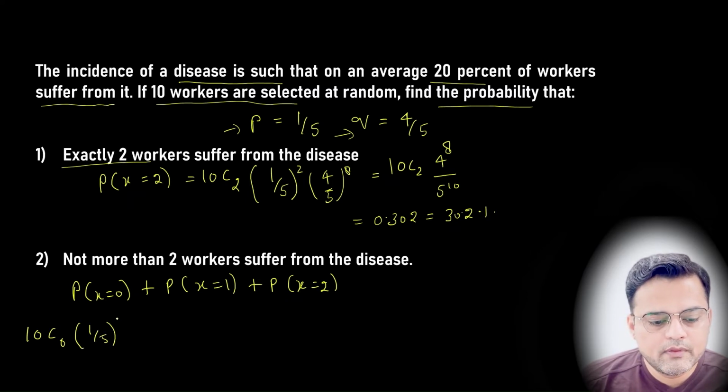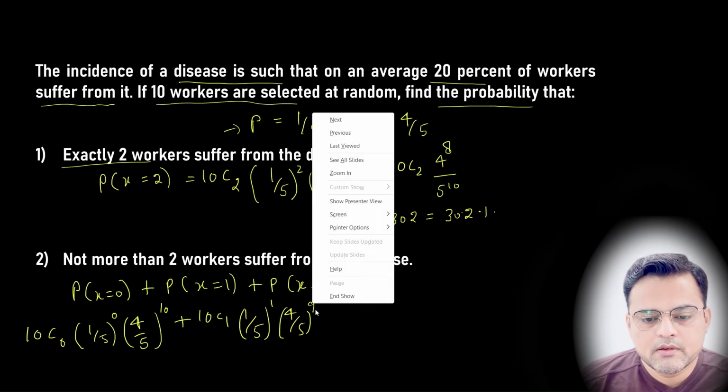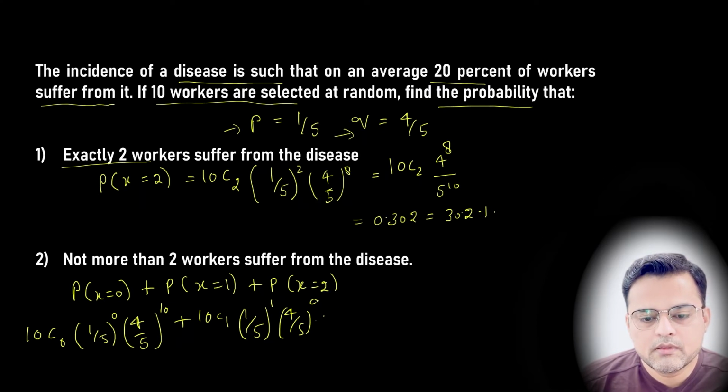10C0, 1 by 5 to the power 0, 4 by 5 to the power 10, and then we have 10C1, 1 by 5 to the power 1 and 4 by 5 to the power 9, plus 10C2, 1 by 5 to the power 2 into 4 by 5 to the power 8.